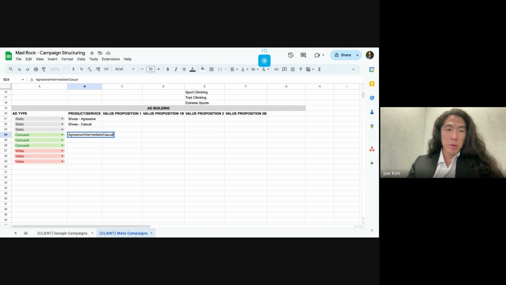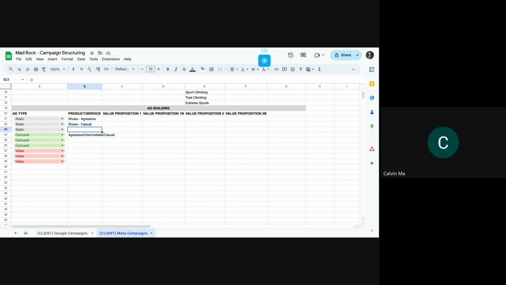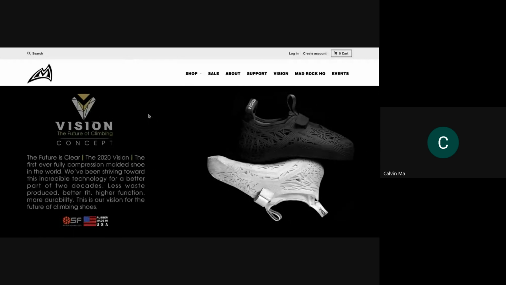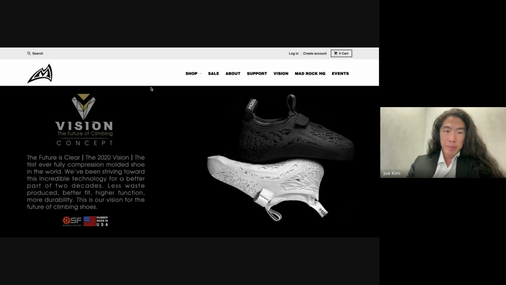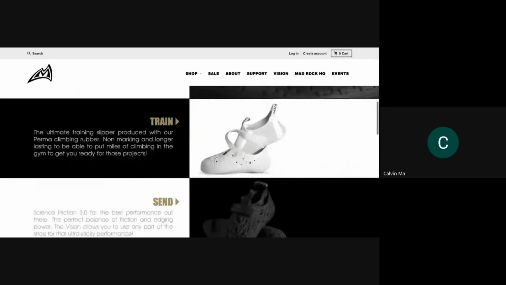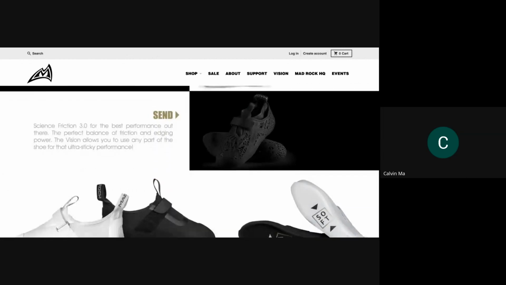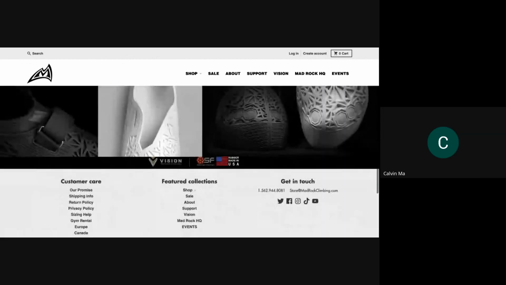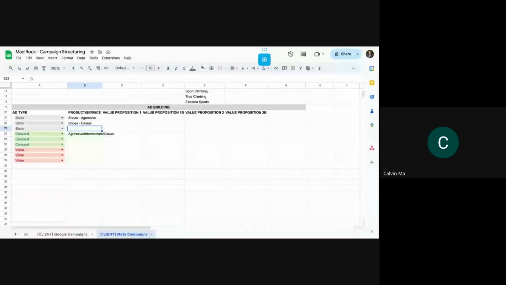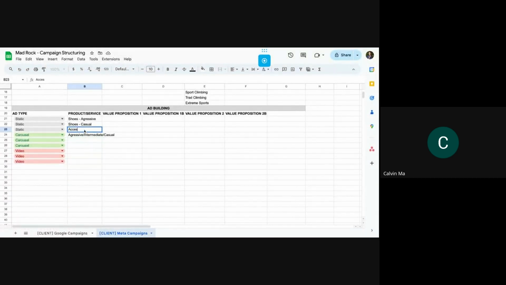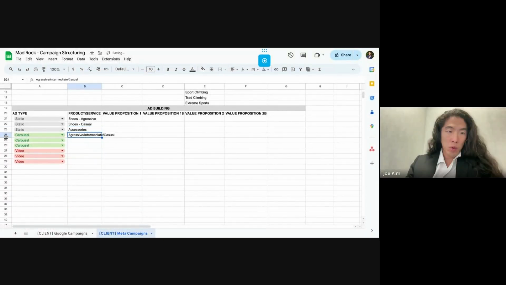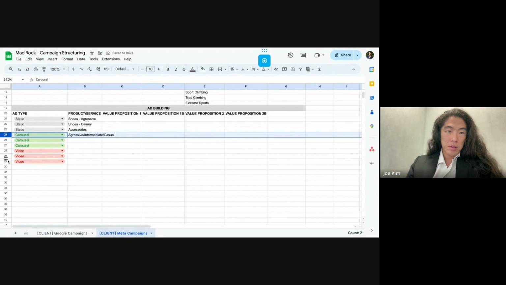That would be something I would want to test. And this is for prospecting, correct? Yep. Trying to think if there's anything else I'm thinking. Probably one ad for accessories like crash pads and whatnot.